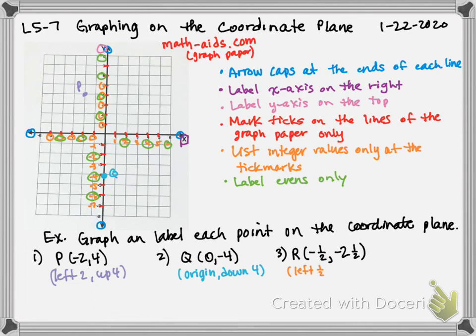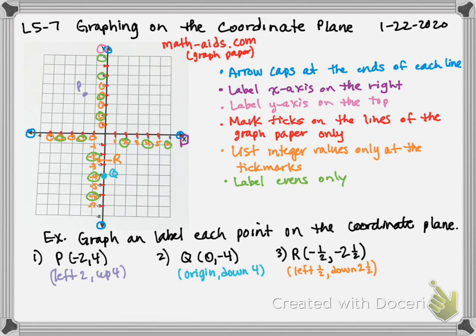So I'm going to be between 0 and 1, and then I'm going to go down 2 1/2. So I'm going to be halfway between 2 and 3. So let's find that. So we go from the origin, we go left 1/2 and then down 1, 2, 2 1/2. So it takes us right here. Make it as big as I can. And that is going to be your point R.